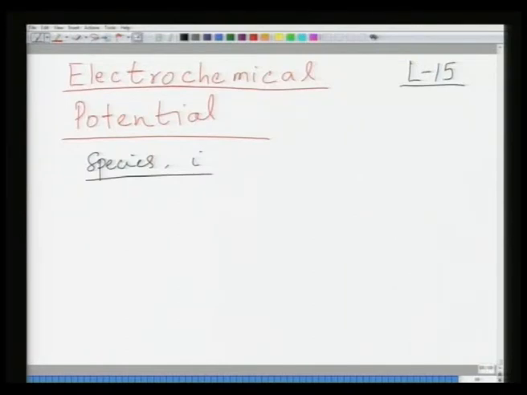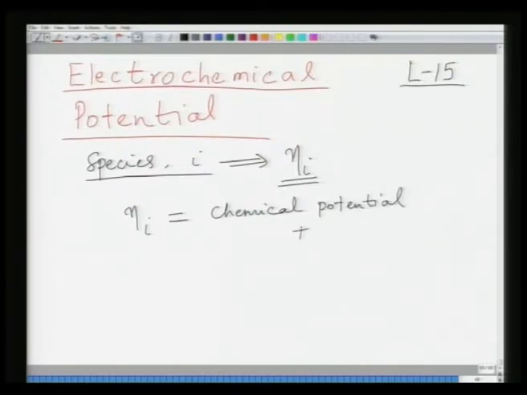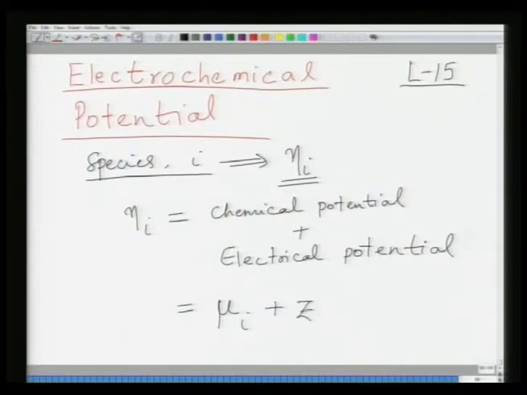The electrochemical potential of this species I is eta I. This eta I, which I have defined as the electrochemical potential, is the sum of the chemical plus electrical potential, and this becomes equal to mu I, which is the chemical potential, plus the electrical potential, which is Z I F delta phi.